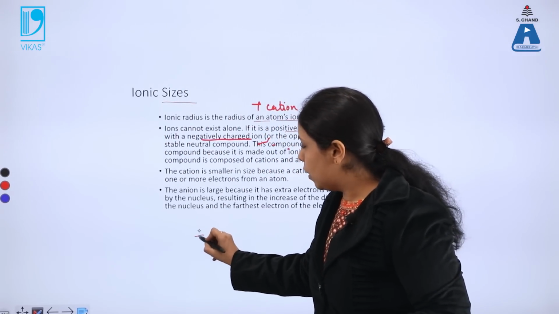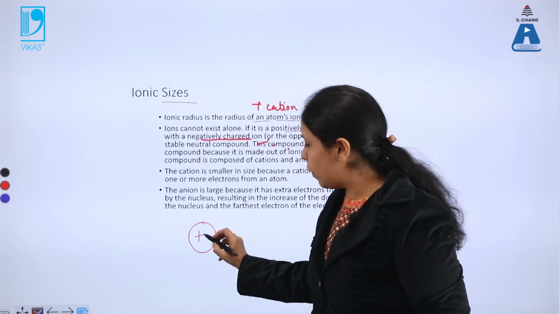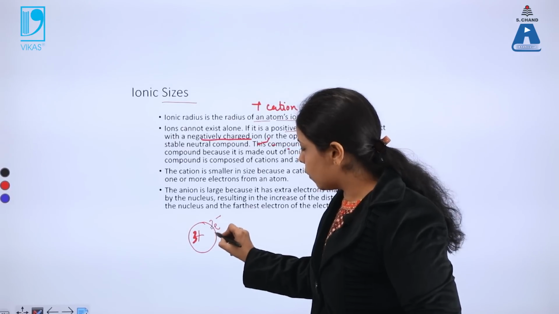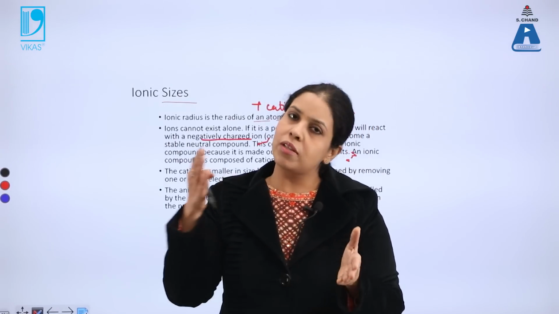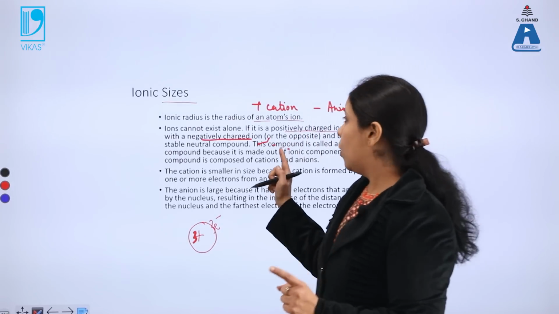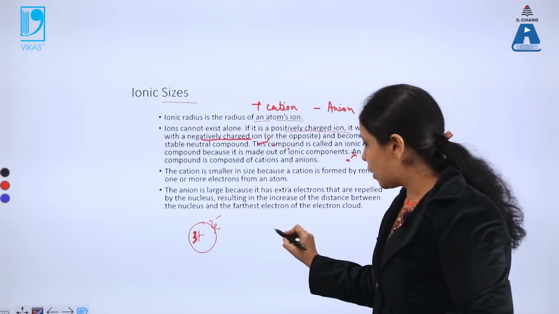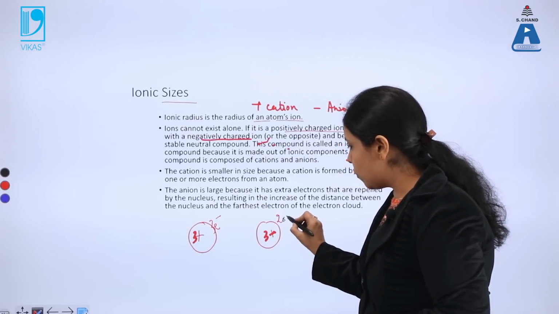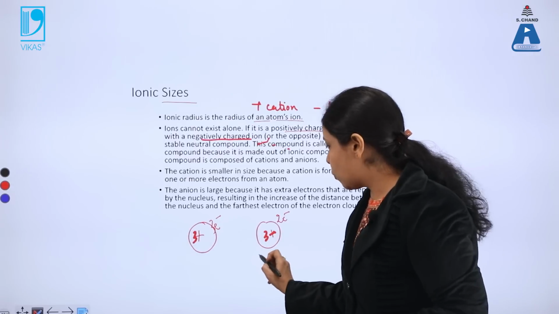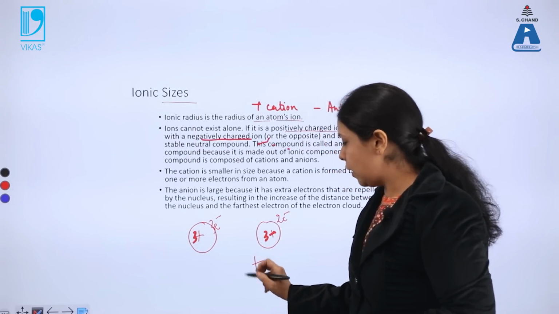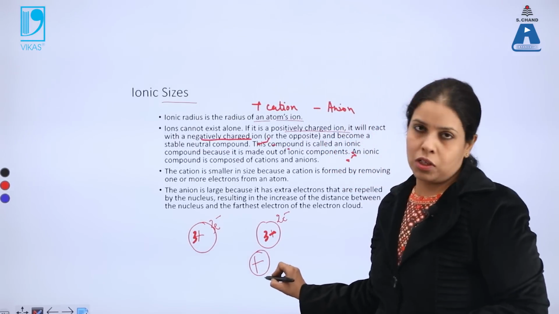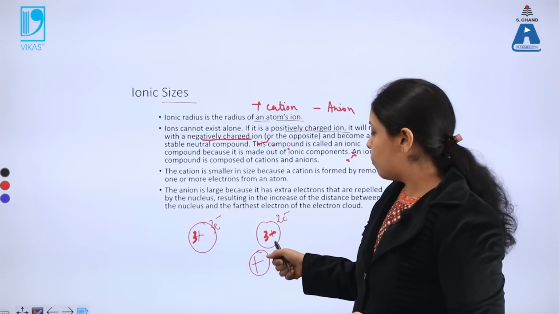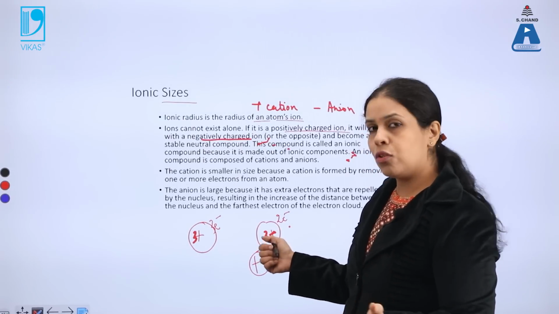When you have a neutral species, for example 3 protons and 3 electrons, because in a neutral species the number of protons has to be the same as the number of electrons. But when an electron is removed, the protons are the same, 3 positive, but now 1 electron is removed, so 2 electrons are there. That's why this species is a cation. Right? We specify this as a positively charged species because now the number of protons is more than the number of electrons. Protons are 3, we have taken as an example, electrons are 2.